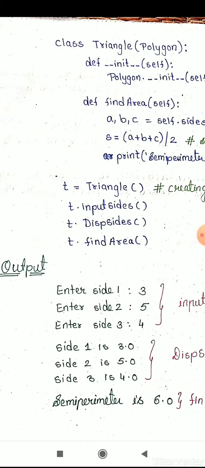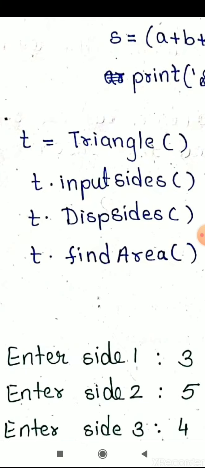But because of this inheritance concept, I get the facility of creating the object of the derived class, that means the child class, and still I will be able to call the methods of the parent class. Here I have created an object T of the derived class or child class. So triangle is nothing but your derived class or the child class.